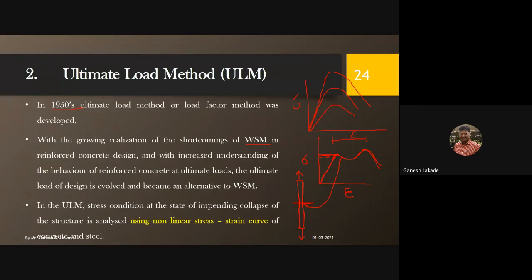Okay, so in the ultimate load method, the stress condition at the state of impending collapse of the structure is analyzed using a non-linear stress-strain curve.